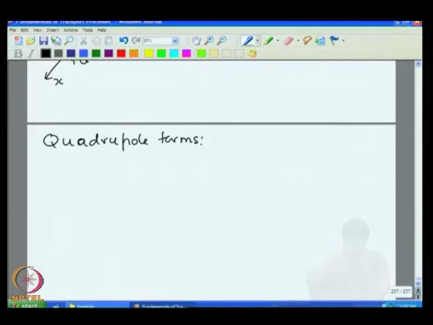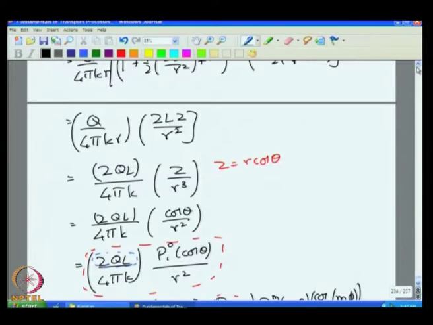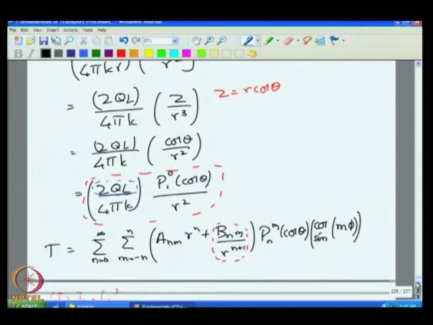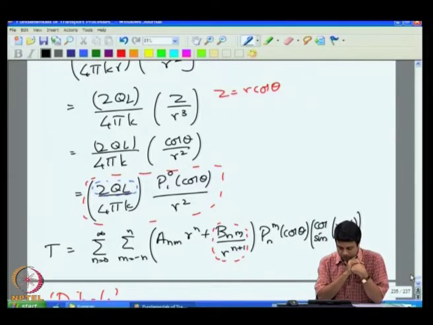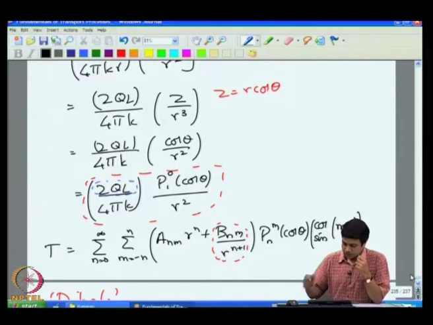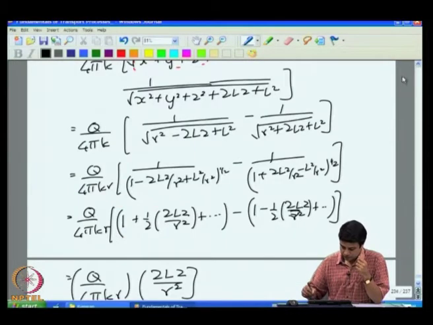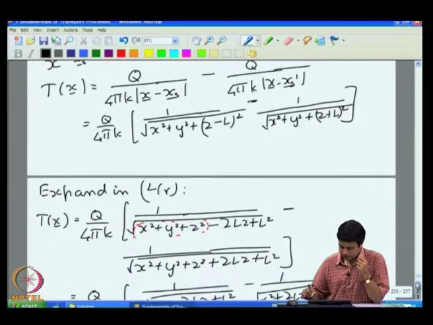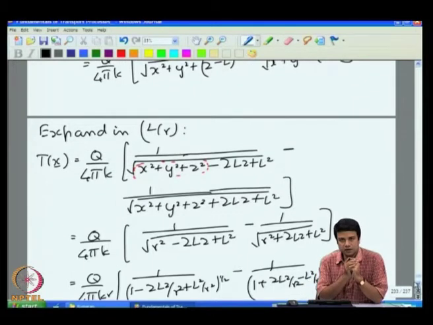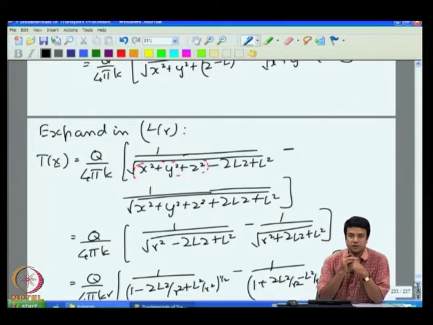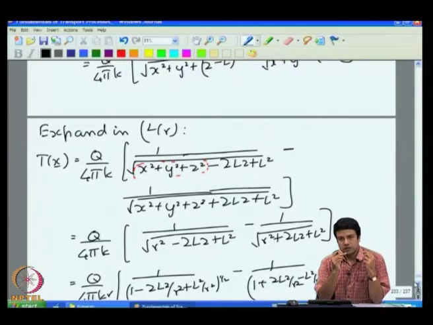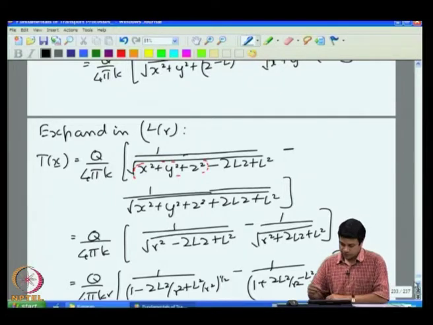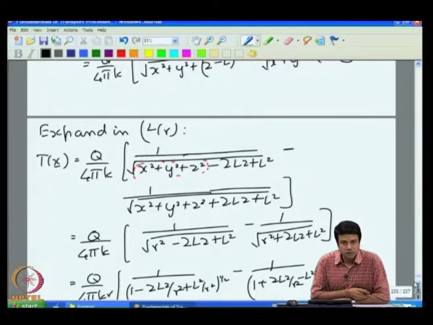In the limit as L goes to 0, recall that when we calculated the temperature field due to the dipole, we took an expansion in L by R. That means that the separation of the source and sink was going to 0 compared to the distance from the origin. That is, the separation between the source and sink was small compared to the separation between the observation point and the dipole. So, in the limit as L over R goes to 0, the source and sink are coming closer and closer to each other.